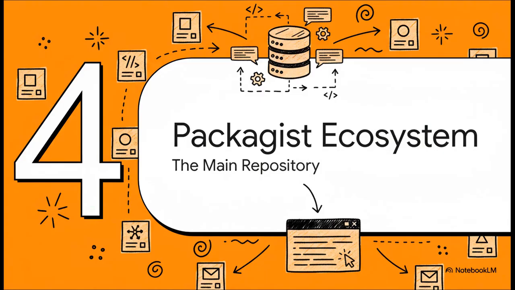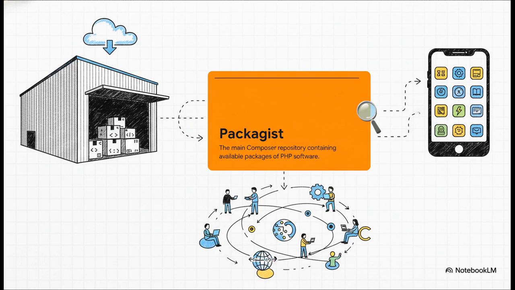But hang on. A dependency manager is only useful if it can actually find the packages you want, right? So when you run that composer install command, where is it getting all this stuff from? This is where the other half of the magic happens. And that's Packagist. The easiest way to think about it is like a giant app store, but just for PHP code. It's the main, central warehouse that Composer talks to.